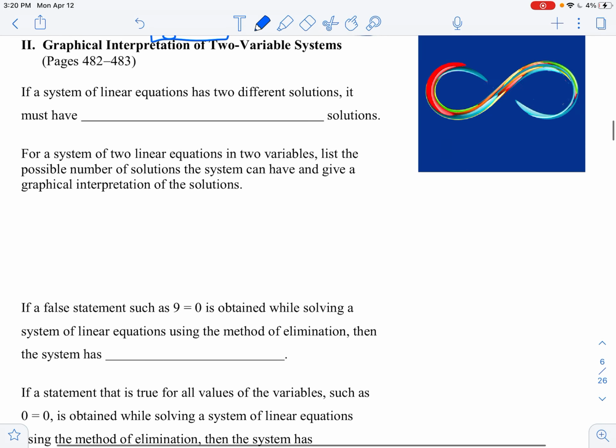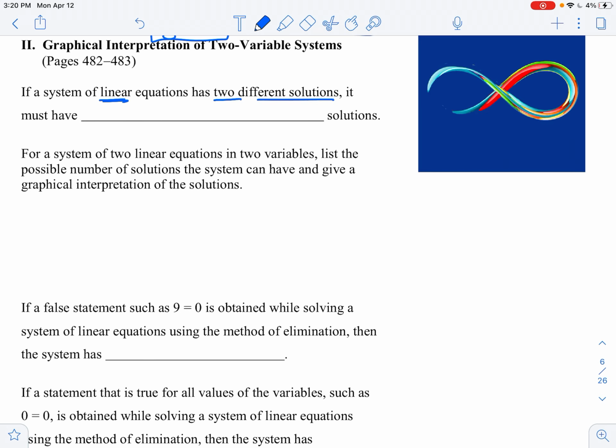Okay, so what if we're talking about graphical interpretations of what's going on? How do we explain that? A system of linear equations, if it has two different solutions, must also have an infinite number of solutions. And here's why. If they're linear, think about it.